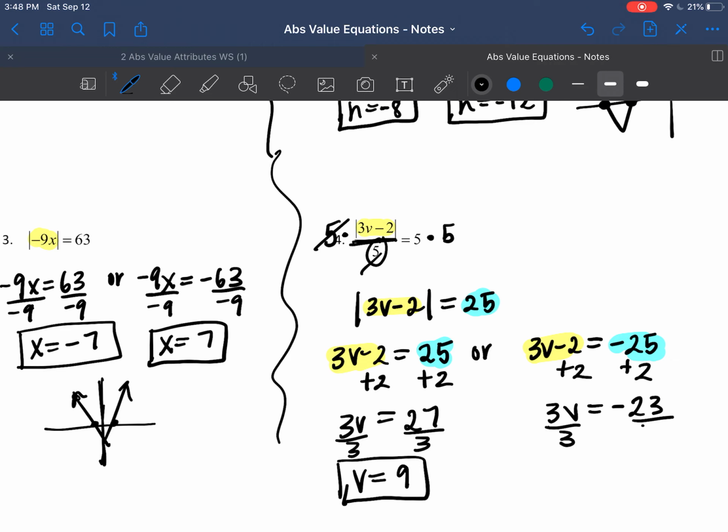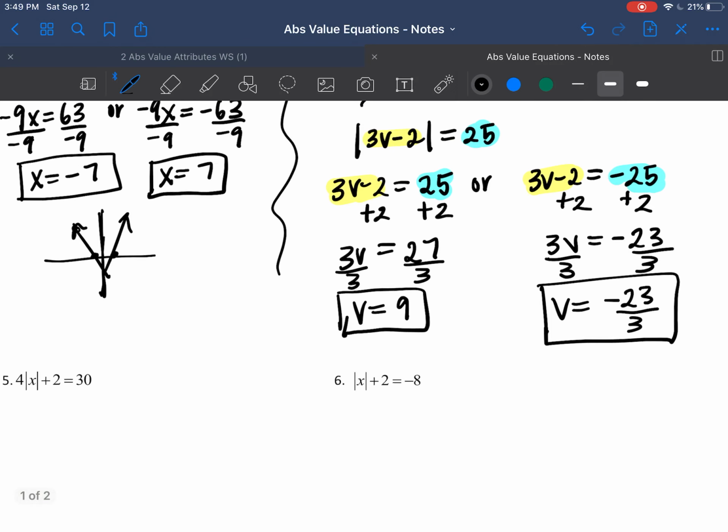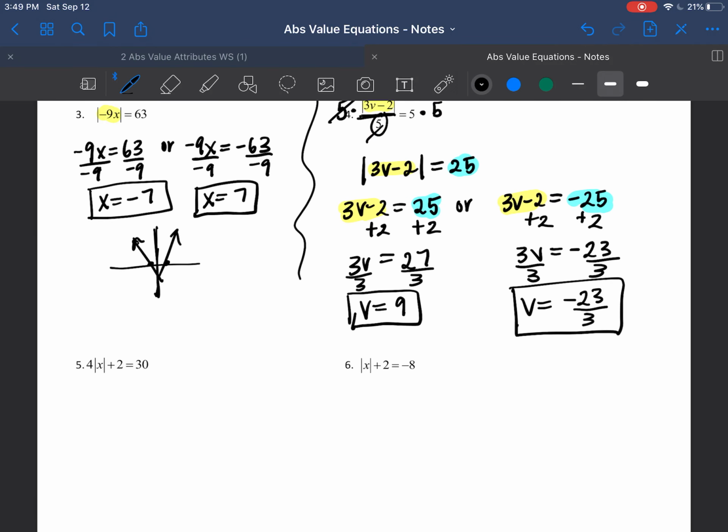Negative 25 plus 2 is negative 23. And you can leave your answer in fraction form. Fractions are better. Just simplify them all the way. Negative 23 thirds.